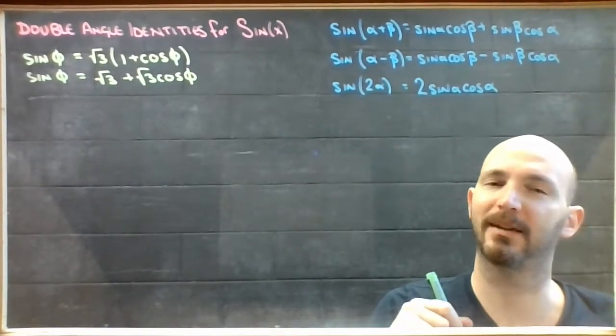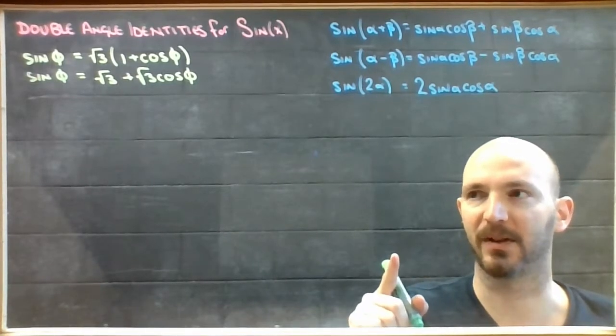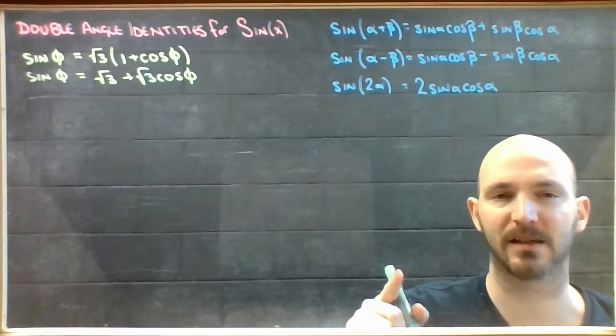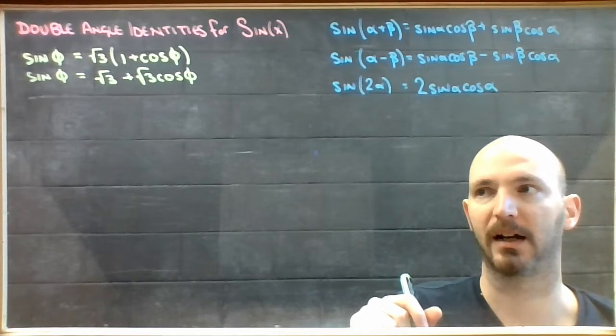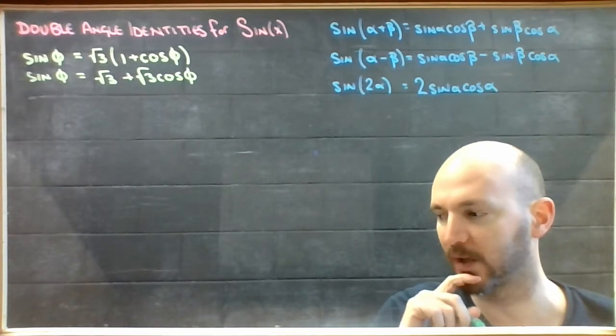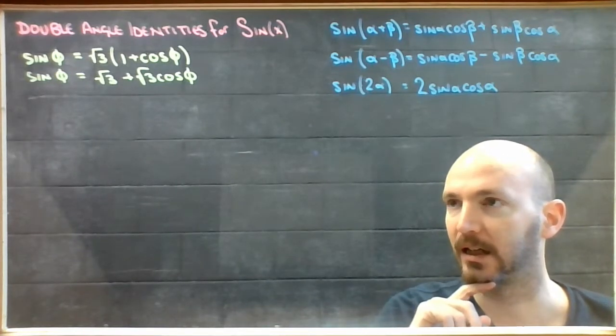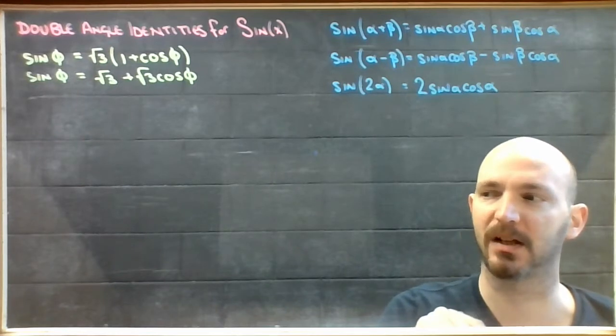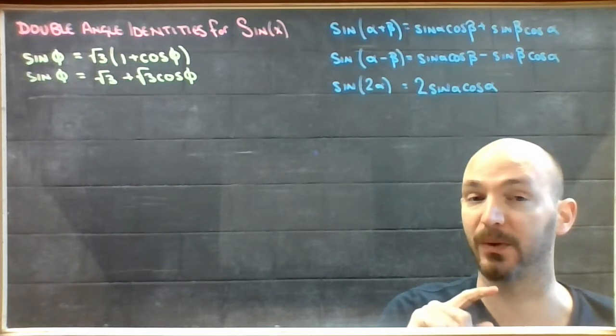And root 3, that's another tricky one, because it's a special triangle value. It shows up as a special triangle result for tan. When it's mixed with sines and cosines, it ends up as root 3 over 2.